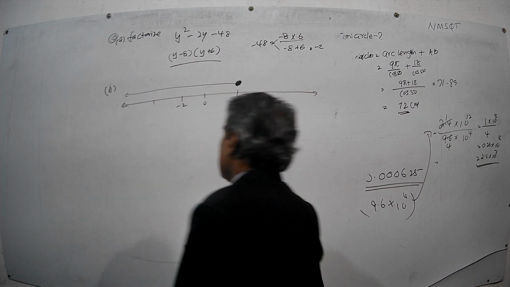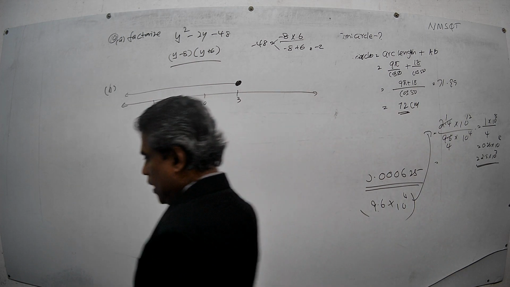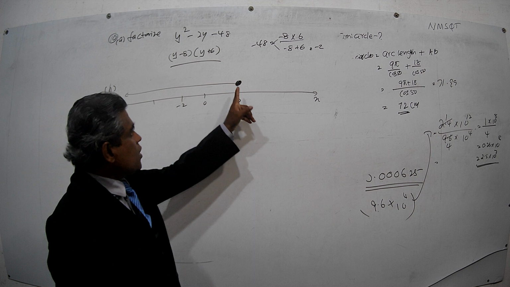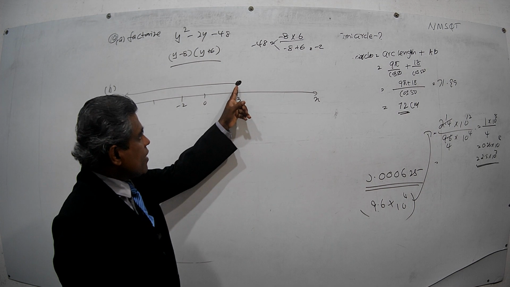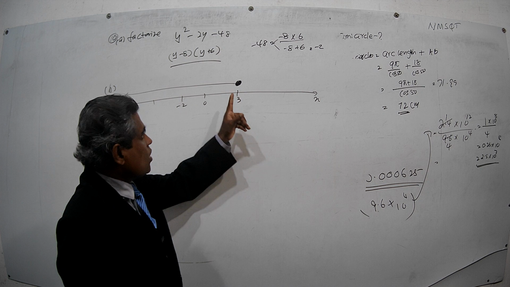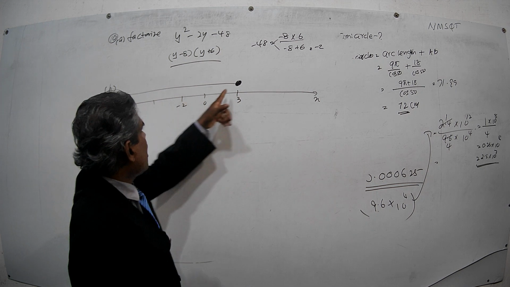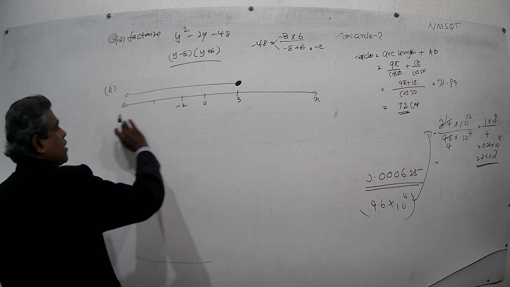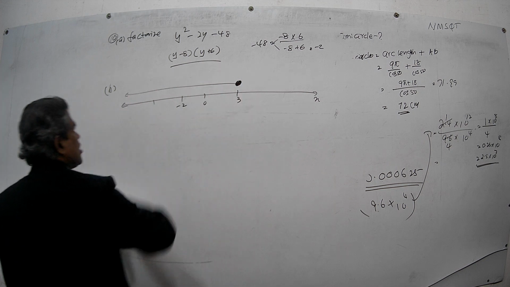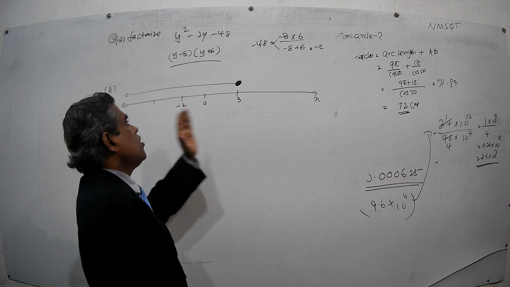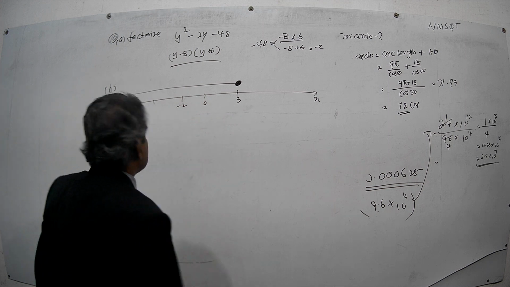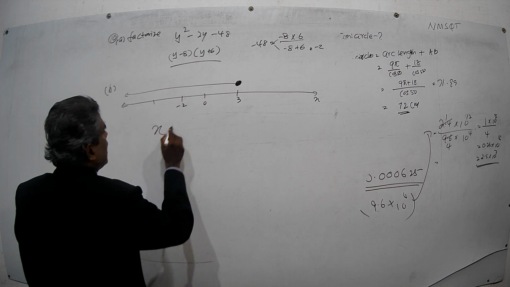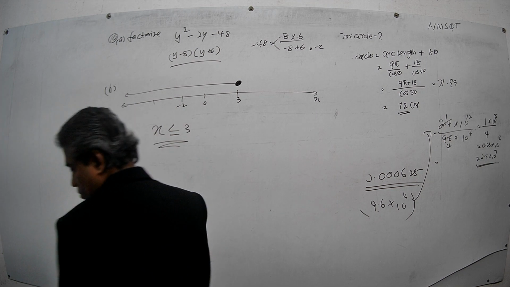When the circle just above the number is shaded, that number is also included, that means equal also. From this side, all values are less than 3. In a number line, when you go from right to left, values decrease. If you go from 3 leftward, values decrease. Because of the shaded region it includes 3, so we can write x less than or equal to 3. That is the answer.